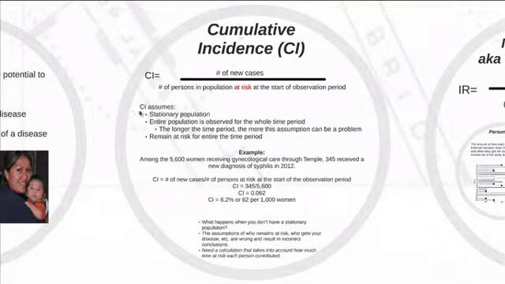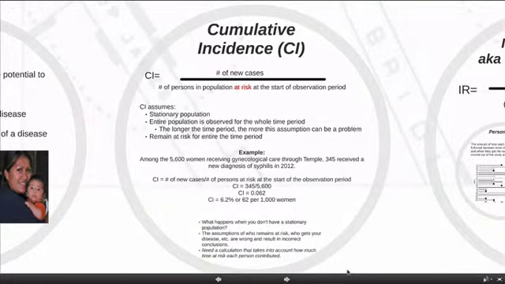Some things to consider. Cumulative incidence assumes a stationary population. All right, go back to the video before this and think again about a stationary population. It assumes that we have a complete population at the start of our tracking period, and that we have followed them, in the case that we're talking about, over the period of 1 year, over our full observation period.